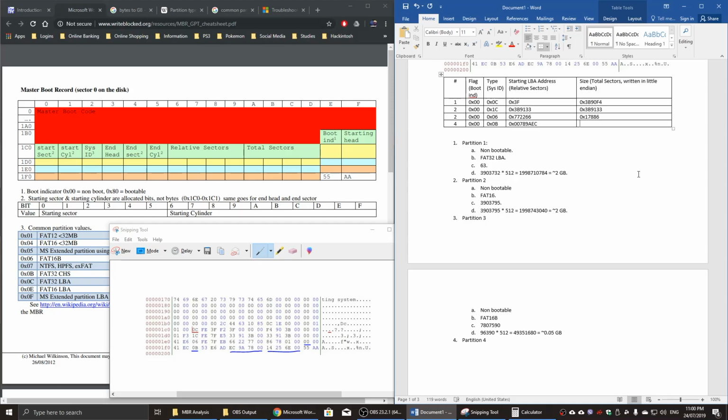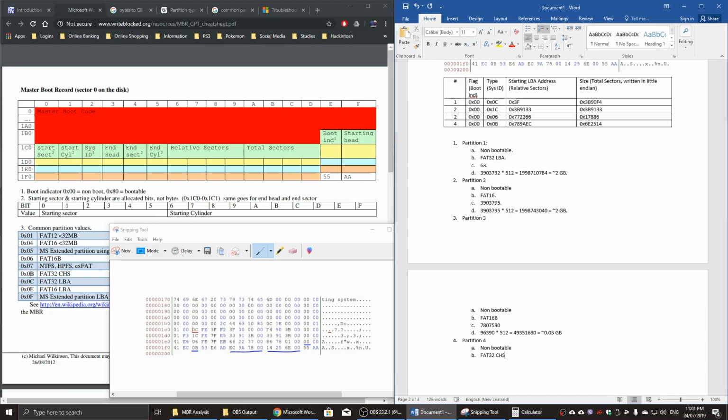The size 0x006E2514. And we'll take out the starting zeros. And we know that again, so 00 is non-bootable. 0x0b is a FAT32CHS.